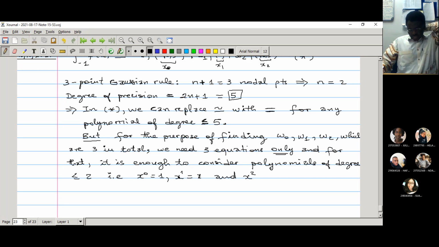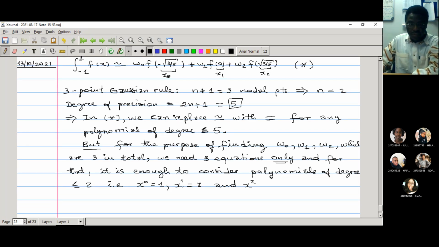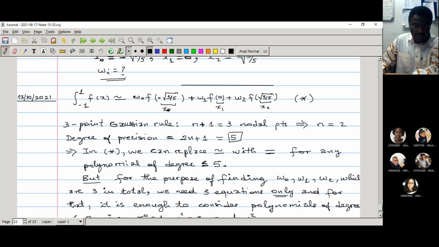We need these three to impose this equality here.